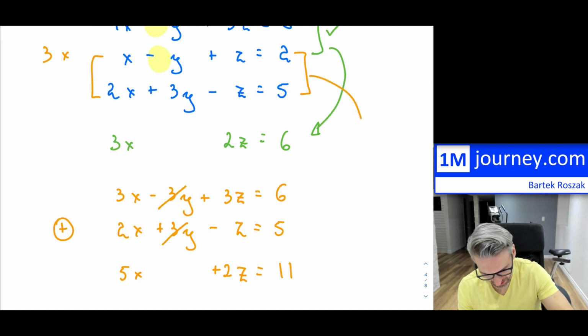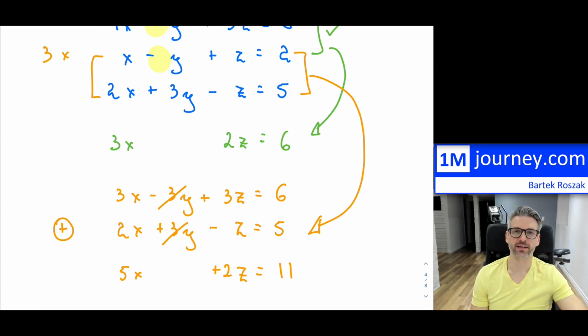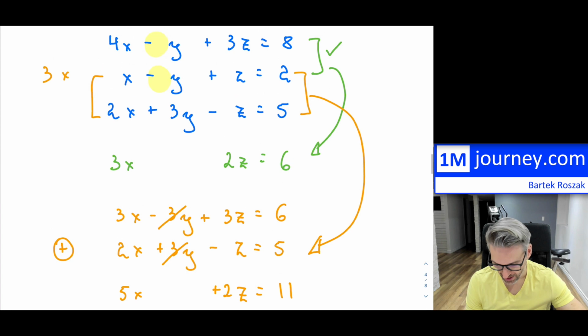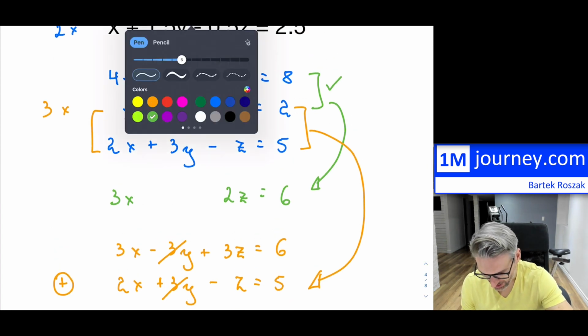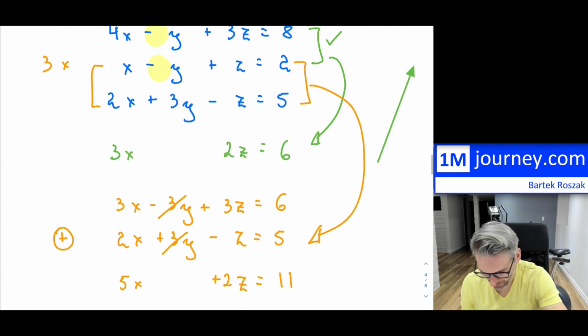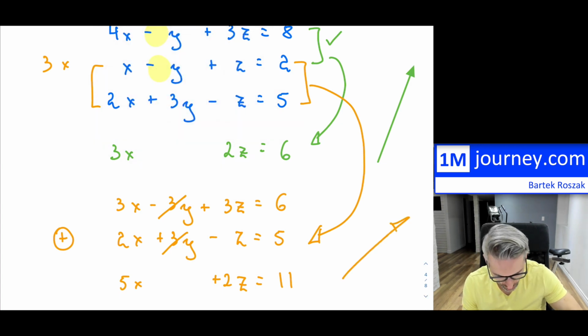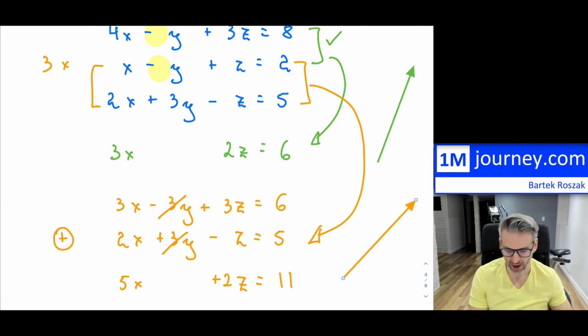So what that tells me is that these two planes are also intersecting in a line. So I know that I'll have one line from the first two, and the other one also in a line. Now, I don't know how these lines exactly are related.